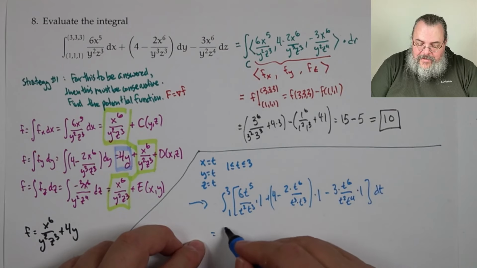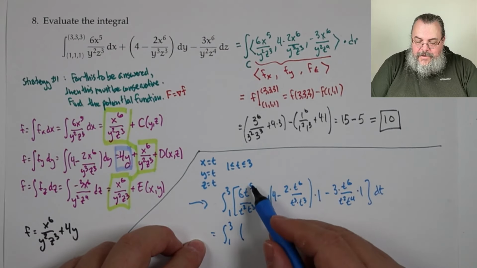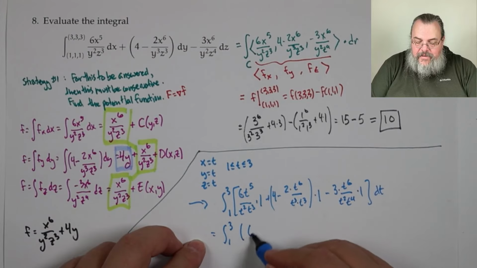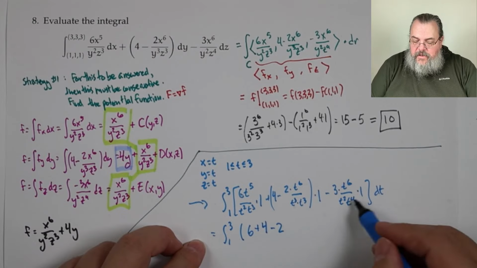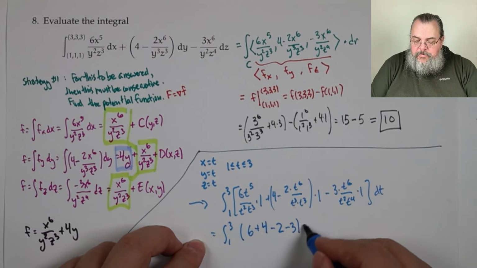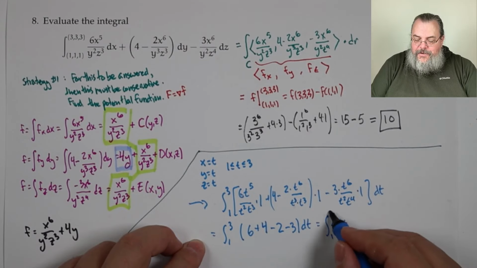Well, this is the integral 1 to 3 of, well, all the t's cancel here, so that's 6 plus 4. Here all the t's cancel, minus 2. Here all the t's cancel, minus 3. Well, that's the integral of 5 dt from 1 to 3.